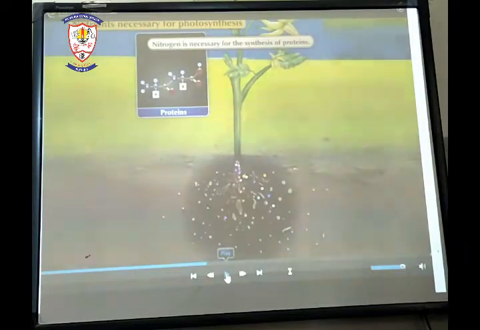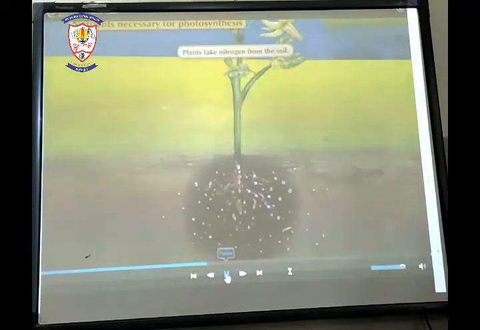You also know that nitrogen is necessary for the synthesis of proteins, and plants take this nitrogen from the soil. Some plants also absorb nitrogen from air.